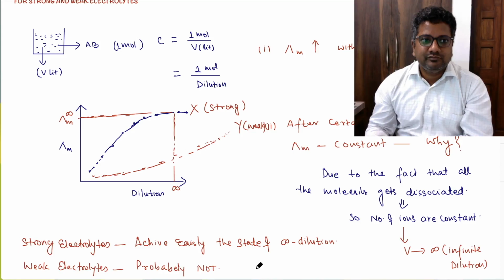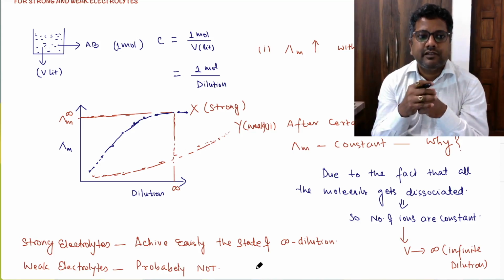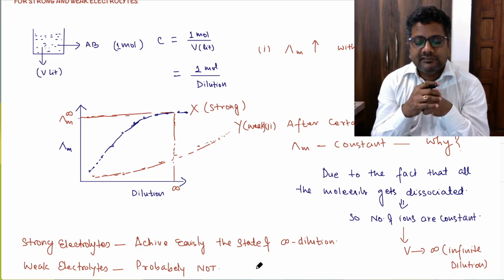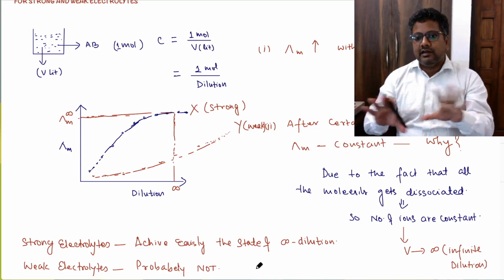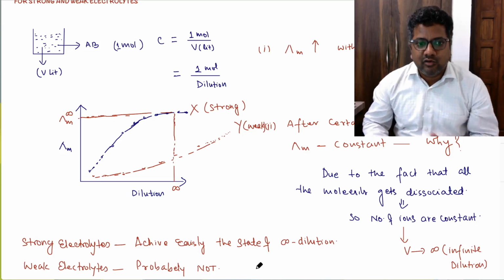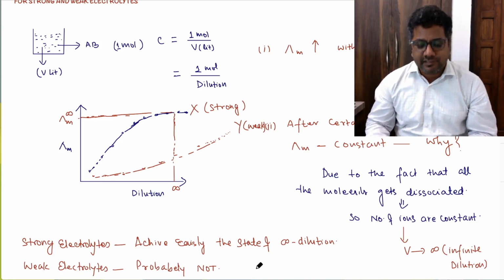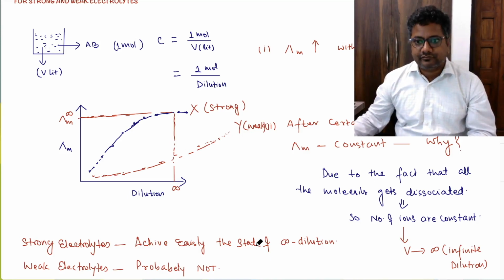Probably they cannot achieve the state of infinite dilution, right? So this is the observation regarding the molar conductance and equivalent conductance for strong electrolyte and weak electrolyte.